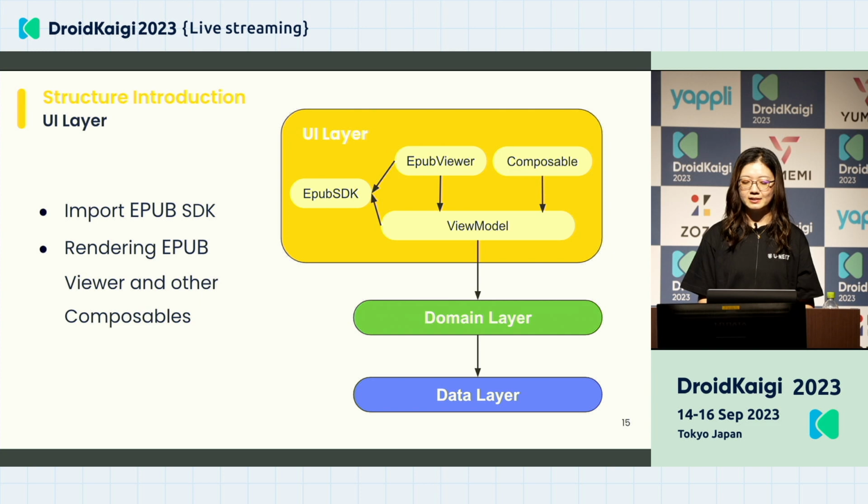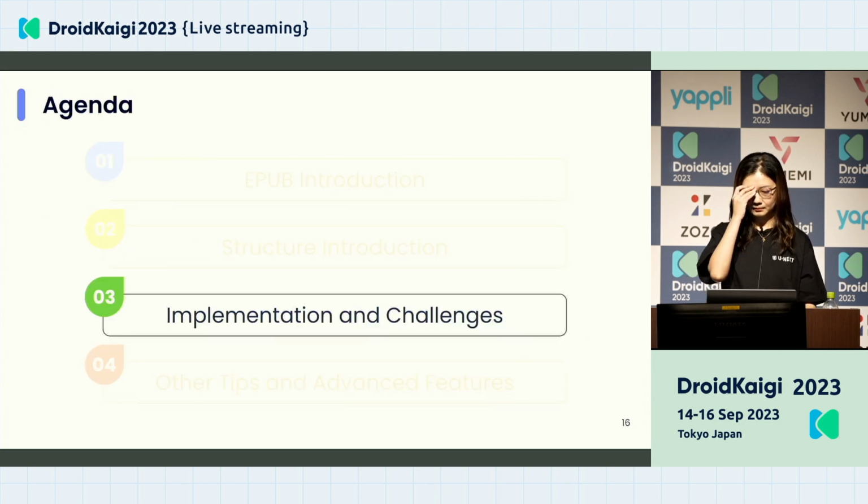Now focusing on the UI layer, which is the central component today. It imports the Epub SDK and serves as the bridge to transferring data from other layers into the UI elements. Now let's come into the actual implementation and the challenges we face.